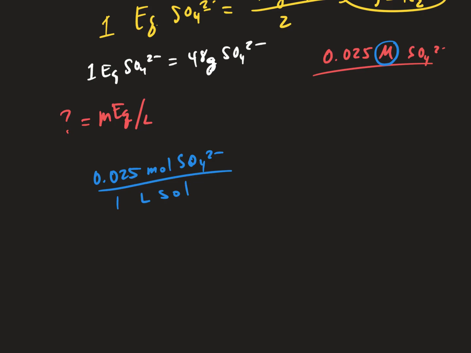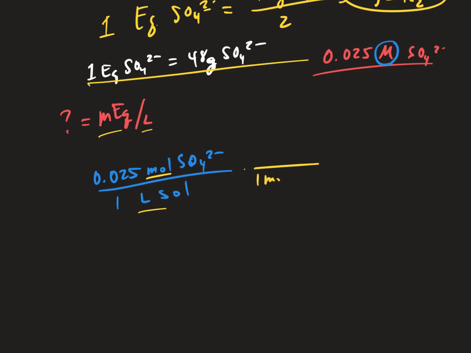What do we want in our answer? Milliequivalents and liters. So we're not going to get rid of that liters. We're going to leave that there, and we're going to change moles. What are we going to change moles into? Look at our mole roadmap and see what we can change it to. Grams, right? Either moles to something else or grams of that same substance. We want to go to the same substance, right? Because we know grams is equal to an equivalent.